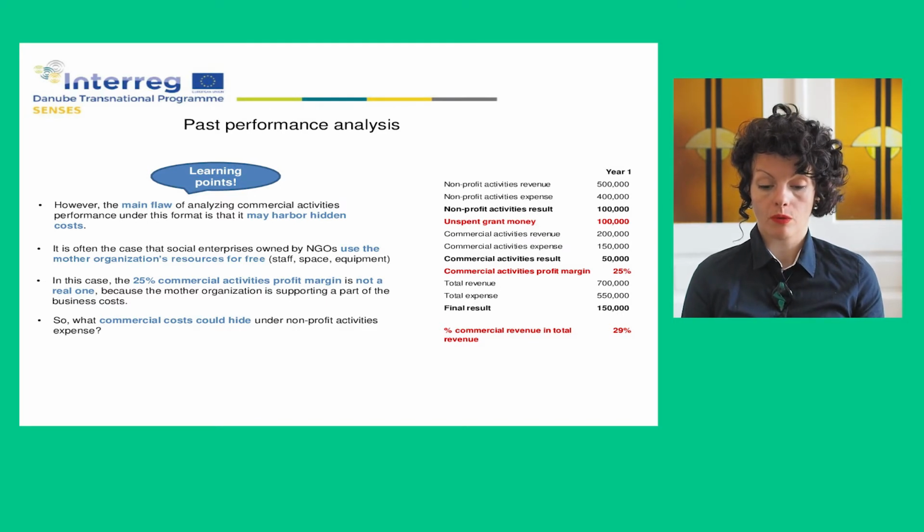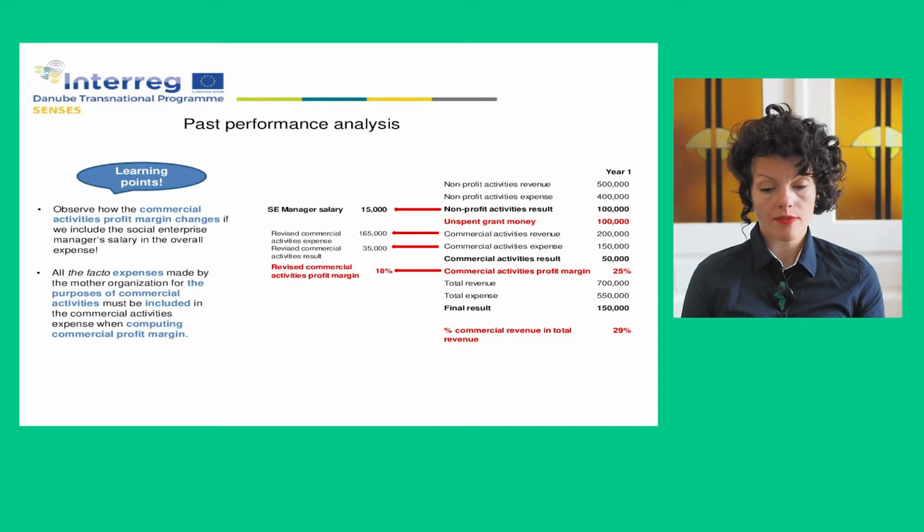So, what commercial costs could hide under non-profit activities expense? We observe how the commercial activities profit margin changes if we include the social enterprise manager's salary in the overall expense.